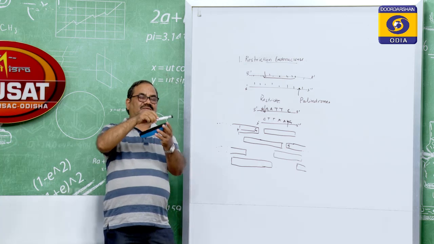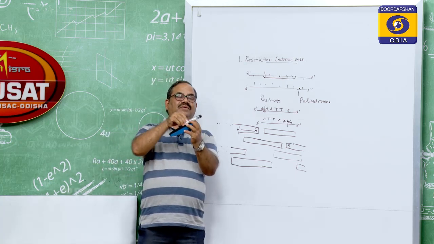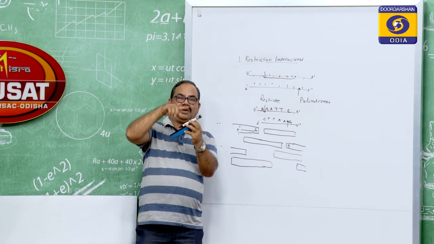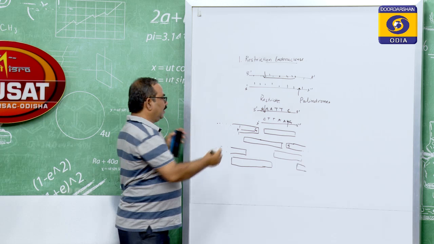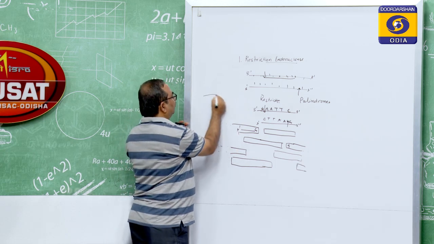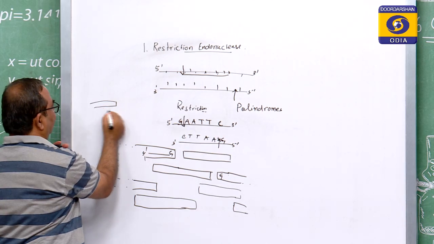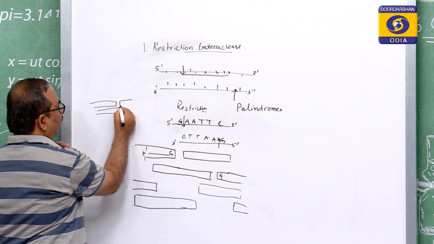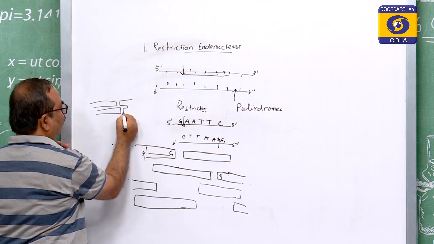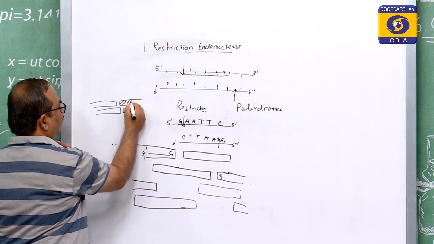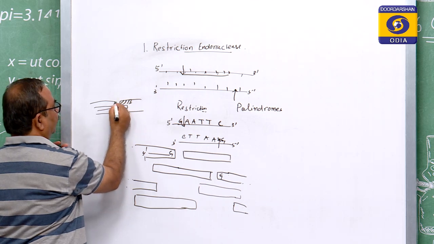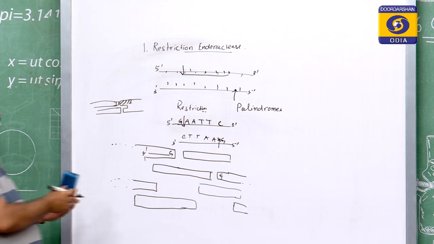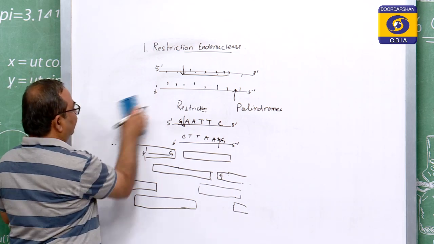So, suppose we say this is the restriction endonuclease, we shall see this is coming out. We have a base that comes out of this, and here this can attach with a similar structure. Suppose we have a new DNA molecule to be attached to this, then this can attach here. It will be very easy once it is having a protruding end.